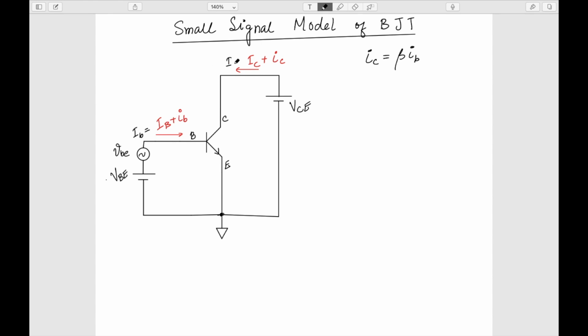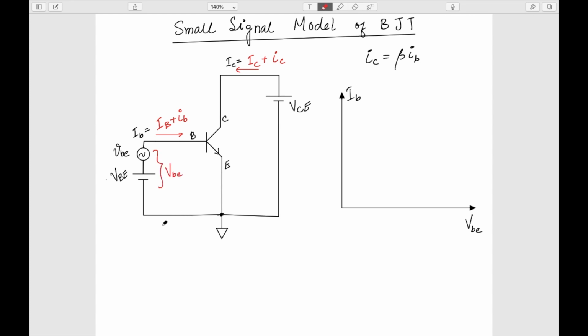And this is iC. So let's try to draw again the characteristic curve of iB versus this vBE. And of course the summation of these two is vBE.